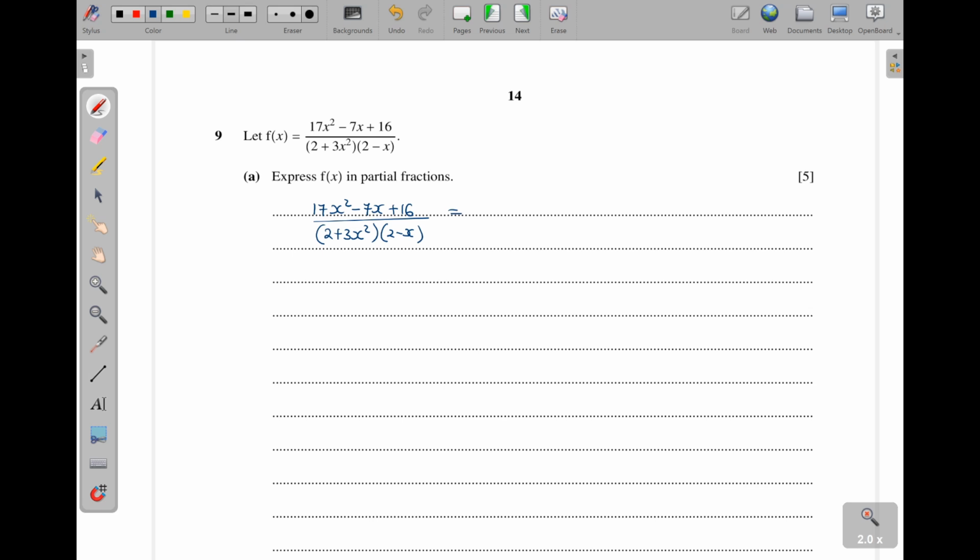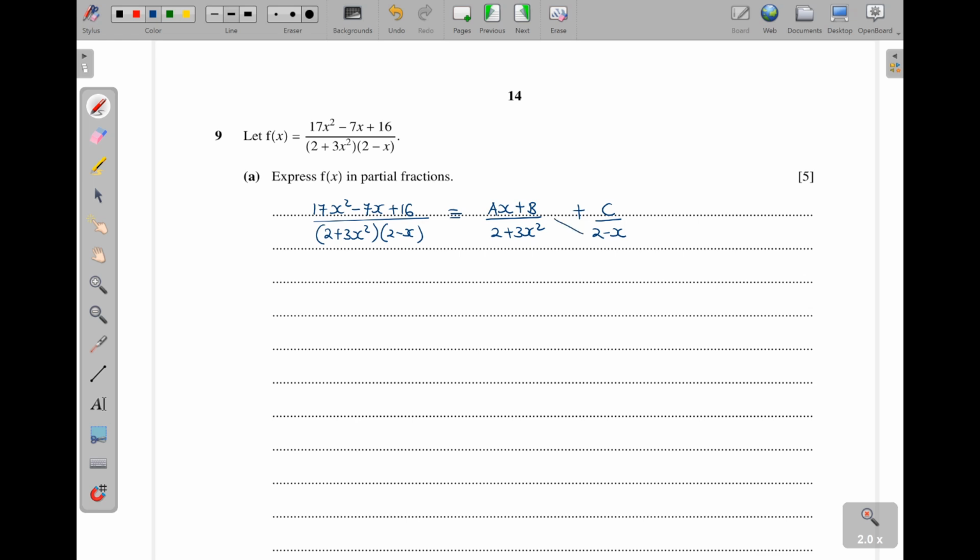This one is going to be equal to ax plus b, then divide by 2 plus 3x squared, then plus another constant, because it is linear, I will just have a constant c here, then divide by 2 minus x.